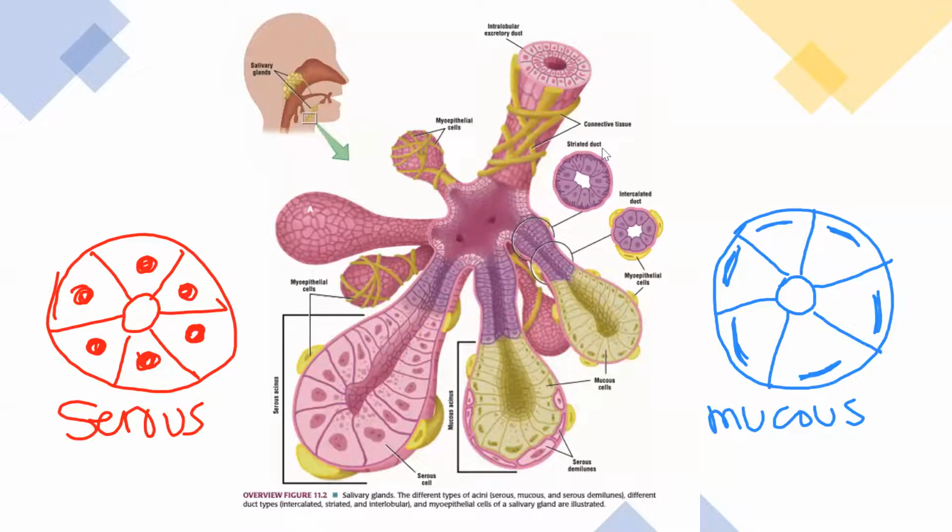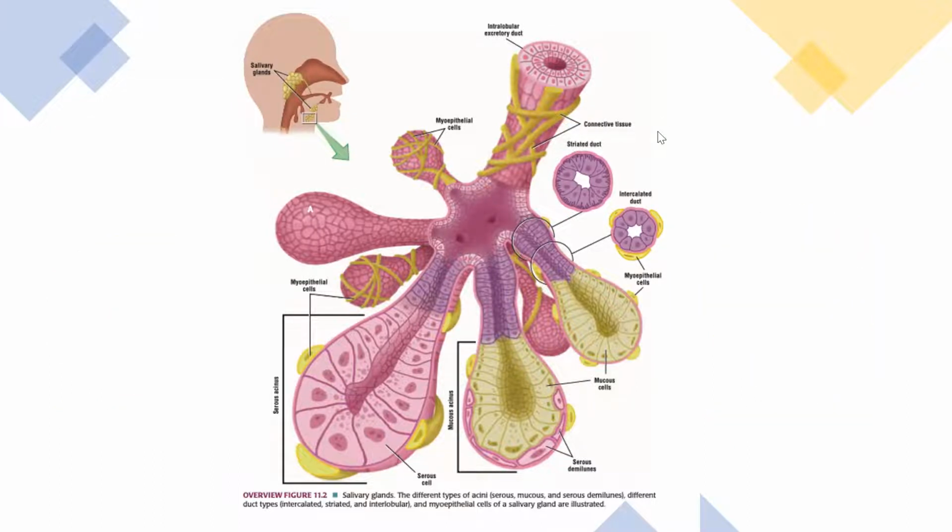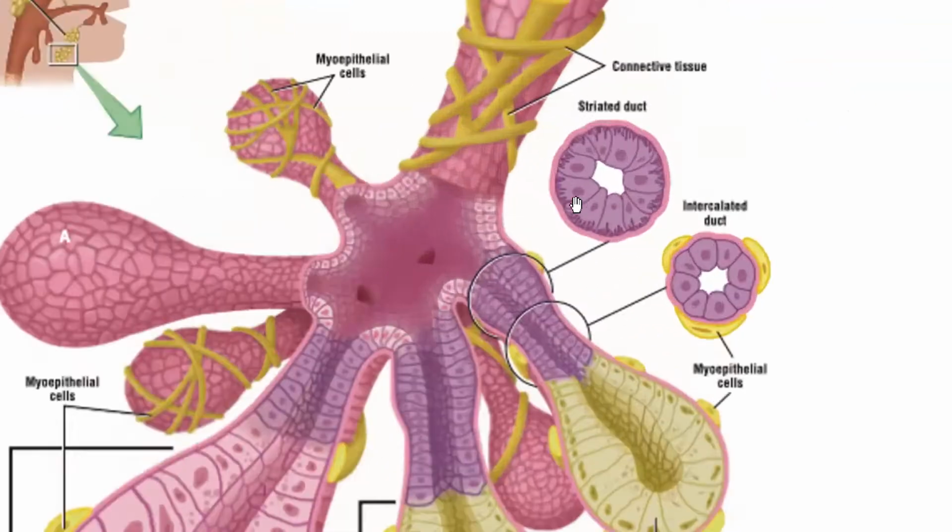We call it striated because they have striations or lines. If I magnify the picture for you, you see the lines in the base of the cells. Because of that, we call this a striated duct. Intercalated and striated ducts have simple epithelium. Their epithelium has only one layer.